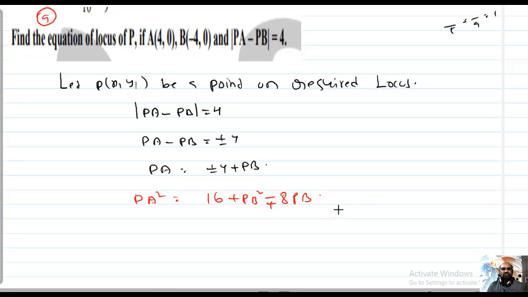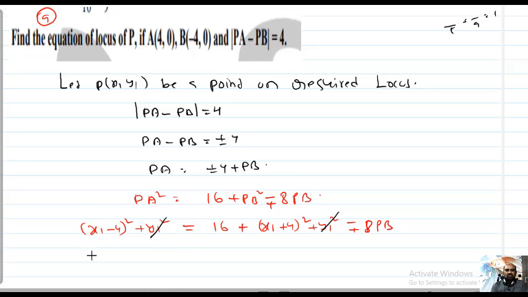Okay, now PA square means what? (x1 minus 4) whole square plus y1 square equal to 16 plus PB square, which means (x1 plus 4) whole square plus y1 square, minus or plus 8PB. You write as it is, don't disturb that. Now here what happened? This y1 square gets cancelled.